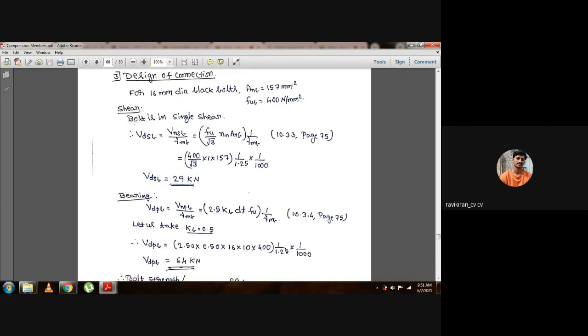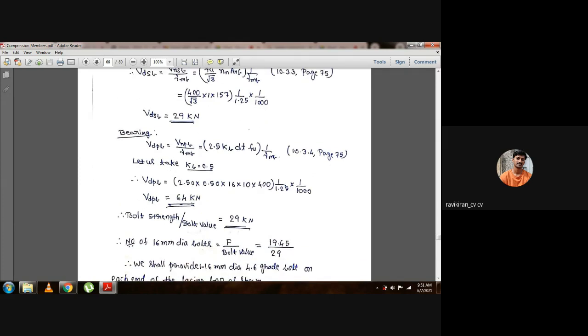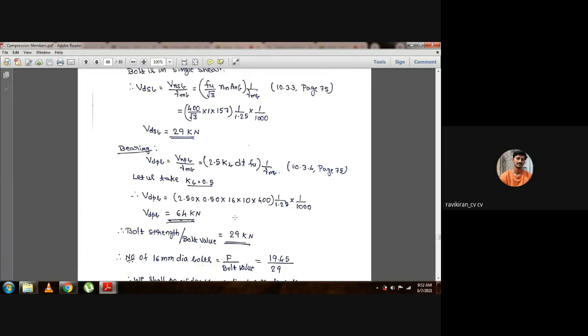You need to check for shear capacity as well as bearing capacity. For shear capacity, you are going to get 29 kilonewton, and for bearing capacity, it is 64 kilonewton. So the bolt value will be 29 kilonewton because the bolt fails in shear first.